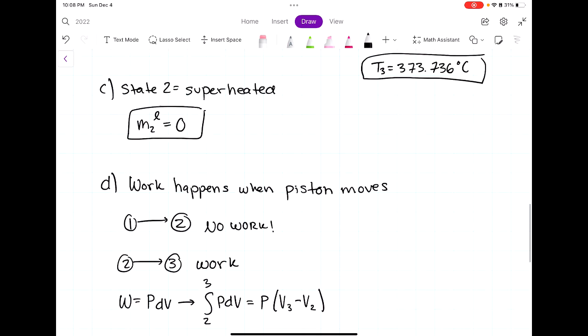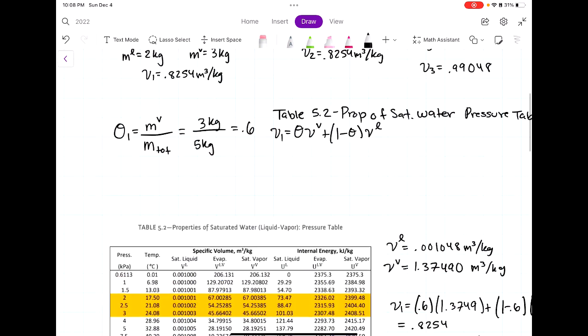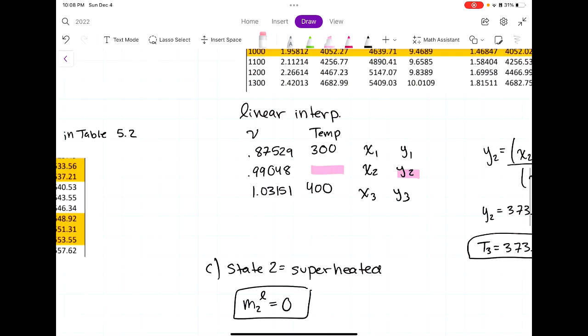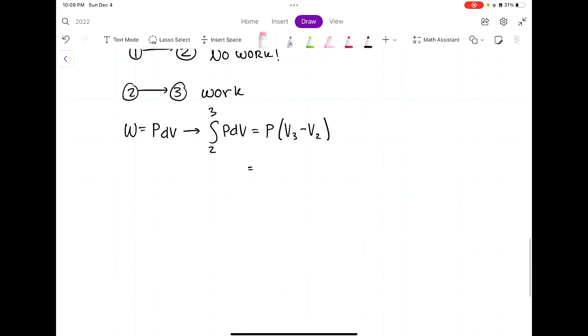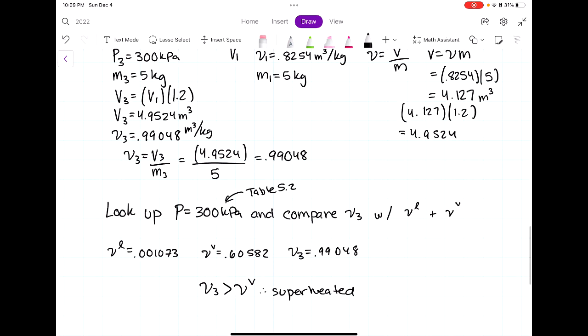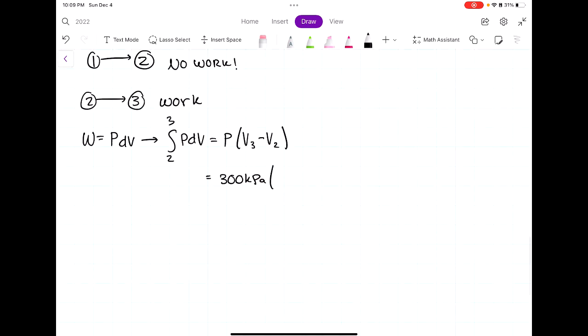The pressure going from state 2 to state 3 is 300 kilopascals. The volume at state 3 is 4.9524 meters cubed. Again, this is the volume, not the specific volume.